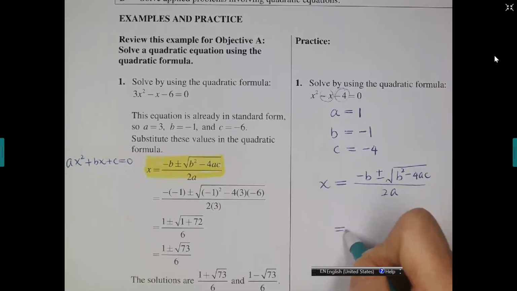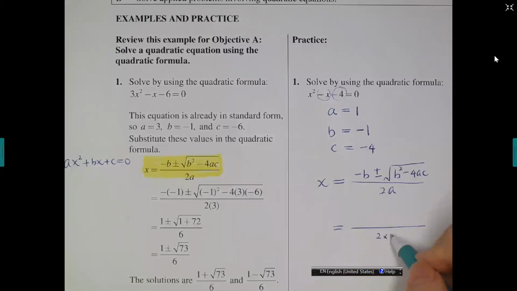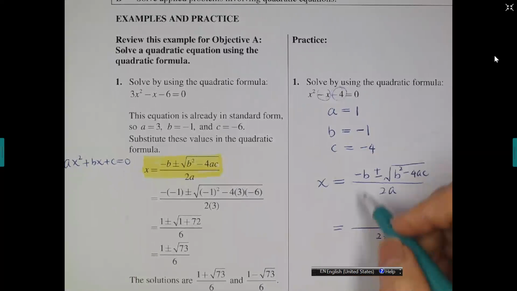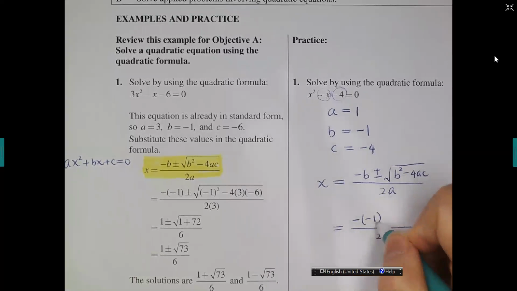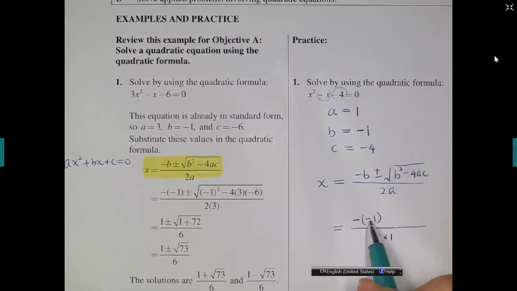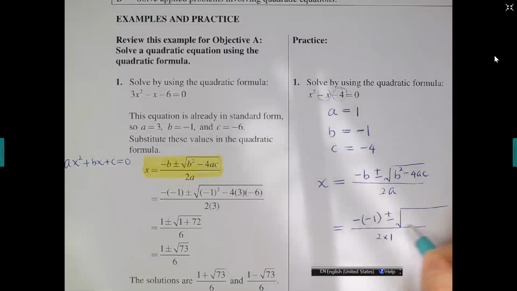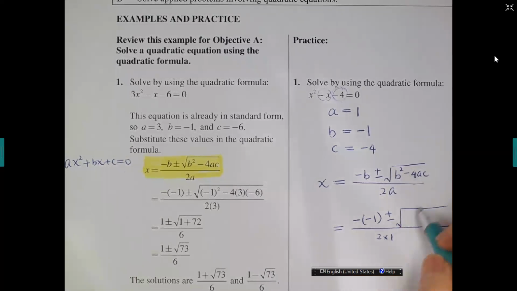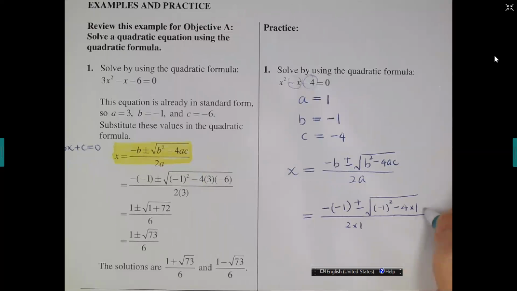Then we just plug in. 2 times a, and a is 1, so 2 times 1 on the bottom. Negative b, and b is negative 1, so negative negative 1. Plus or minus the square root of b squared, negative 1 squared, minus 4 times a, which is 1, times c, which is negative 4.